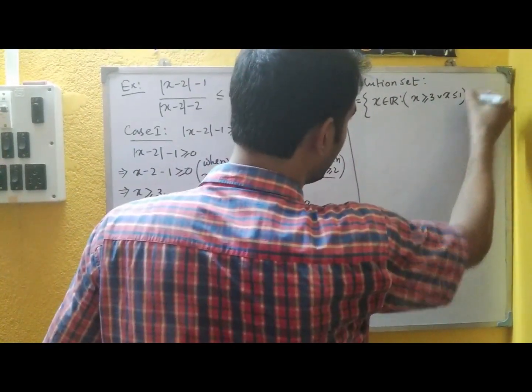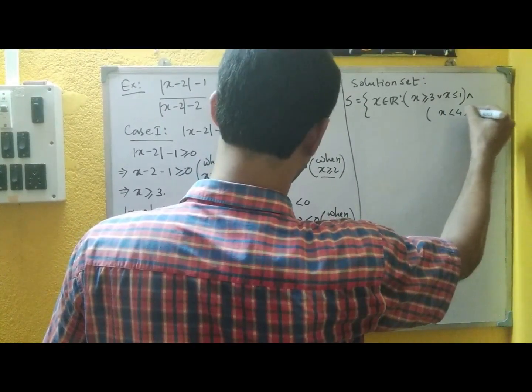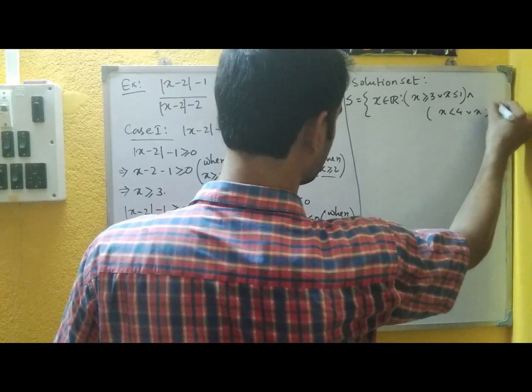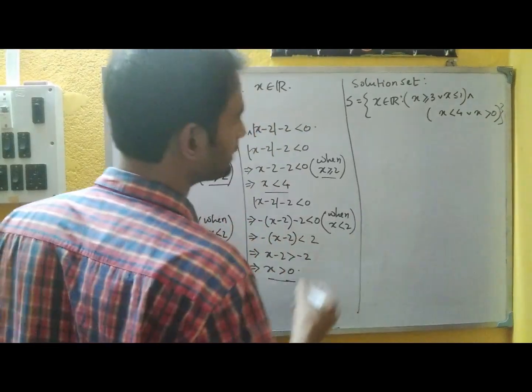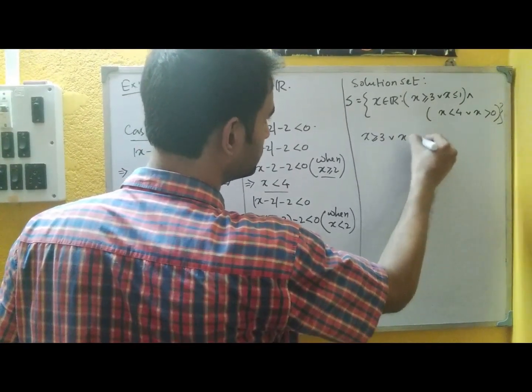So there will be an AND: x less than 4 or x greater than 0.